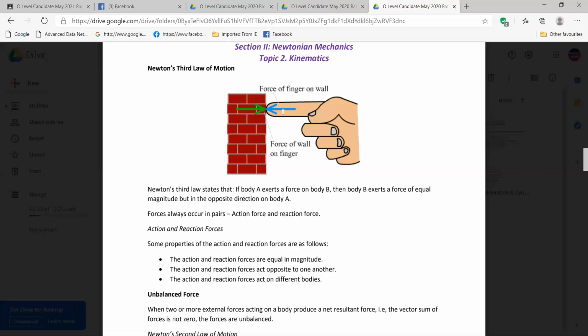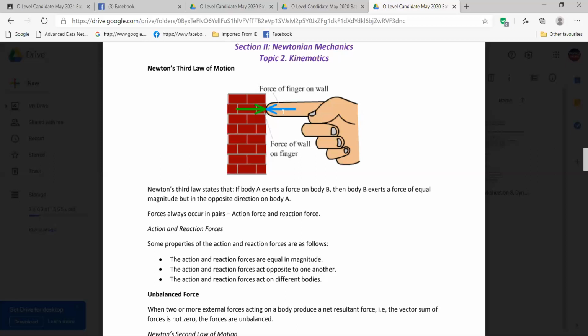Yes, sir. I was talking about that in MCQ question number 8. They wanted to know which one is the Newton's third law pair. You relate my idea: if there is only one object and multiple forces working on it, that is the first law.